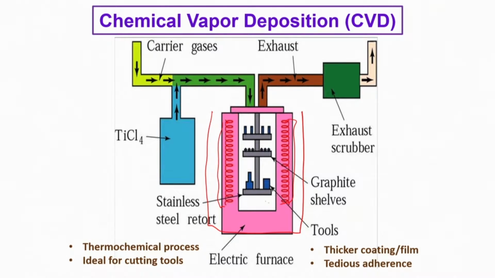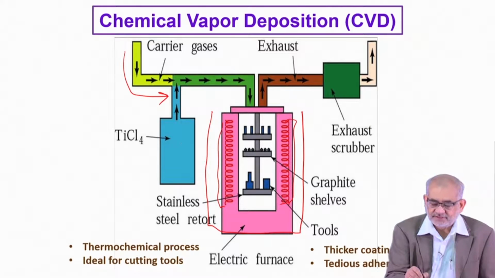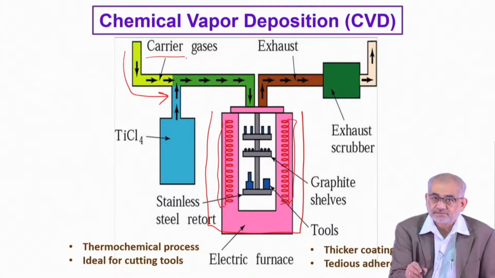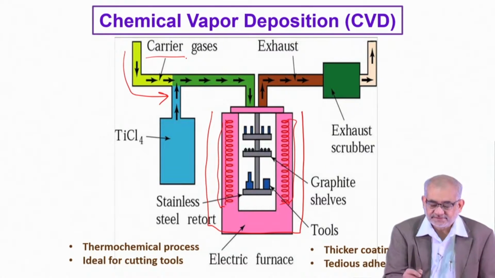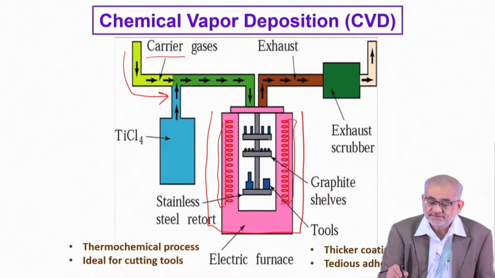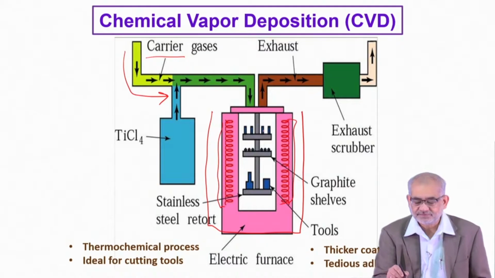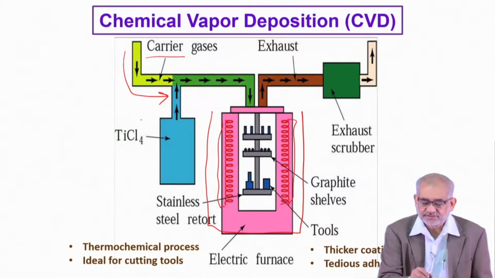Then we have holders, which are essentially stainless steel or some kind of ferrous-based retorts. Now we feed in carrier gas like this, and the carrier gas acts more like a carrier agency. Then we also send certain precursor gas, which within the reaction chamber, at the temperature, dissociates and deposits onto the surface.